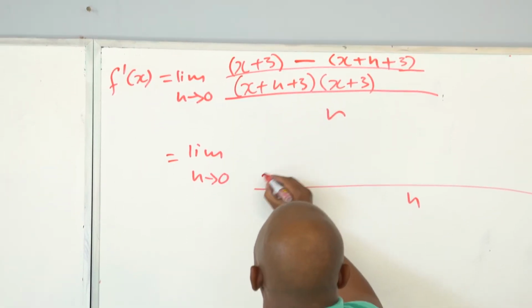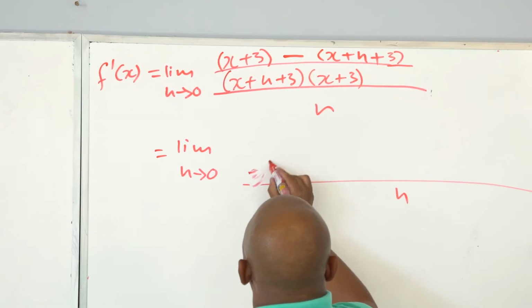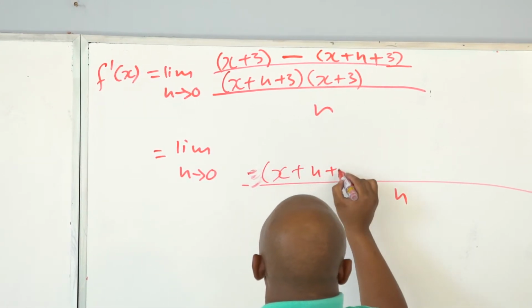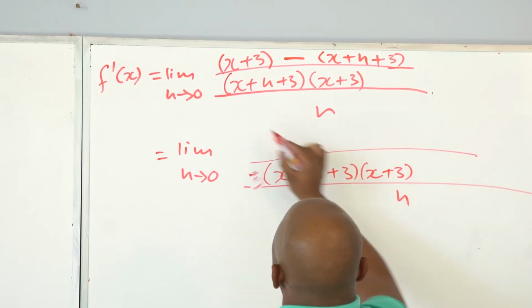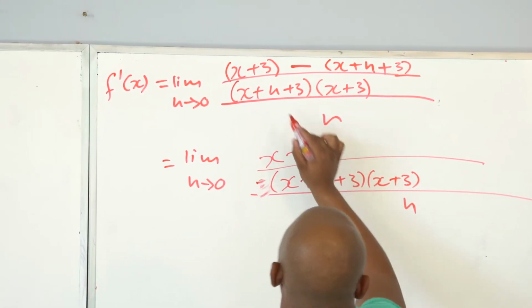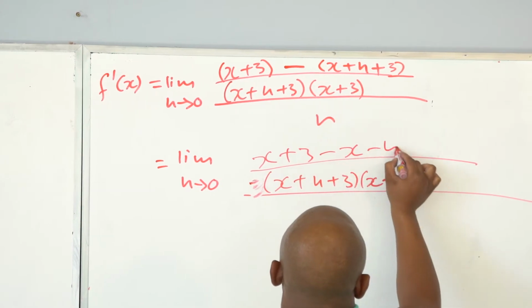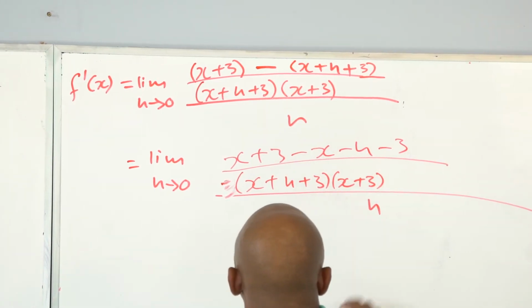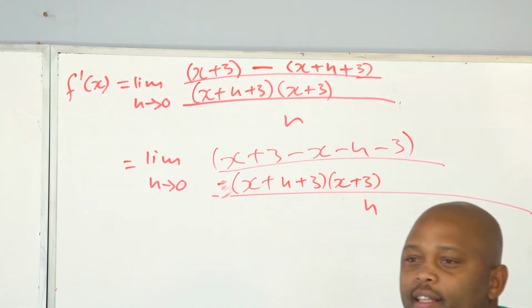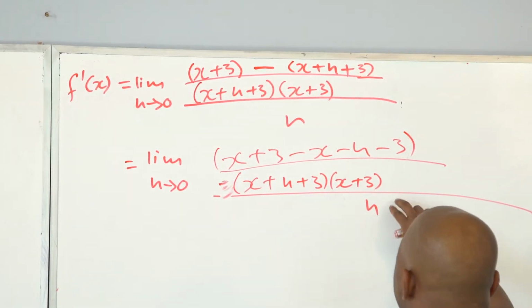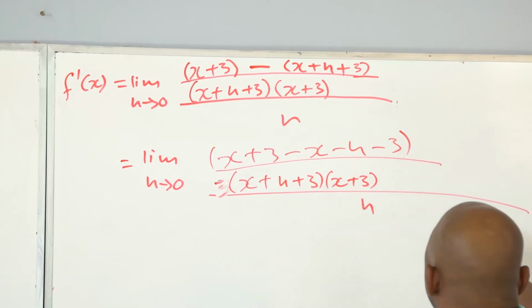So this becomes x plus h plus 3, x plus 3, and then from there this becomes x plus 3 minus x minus h minus 3. So now this is the same as just having a bracket there at the end, right?